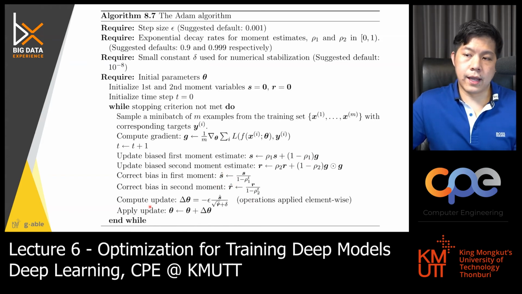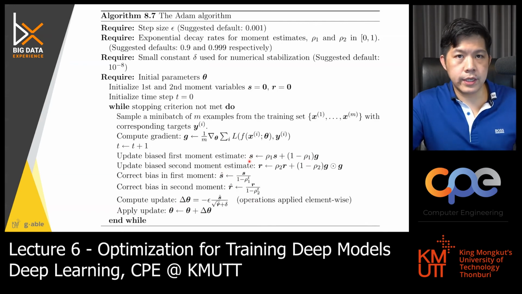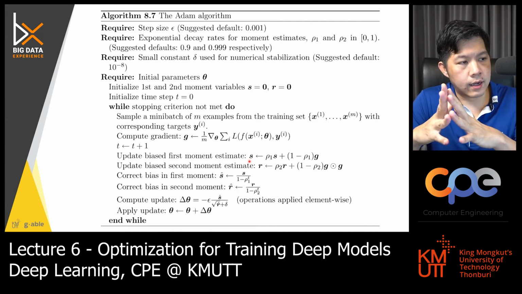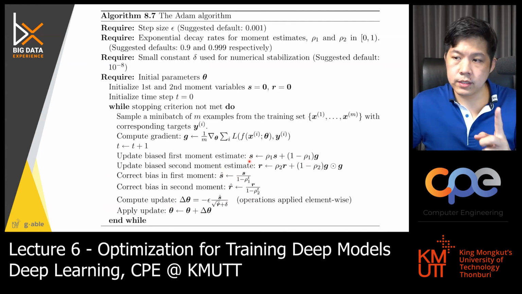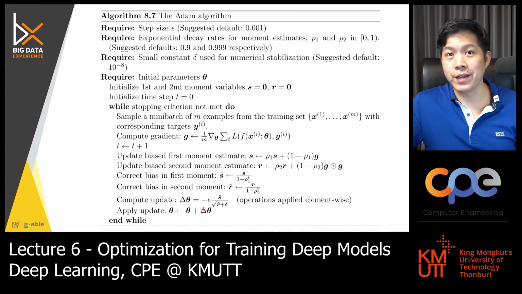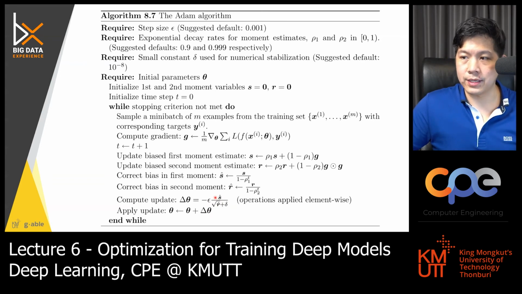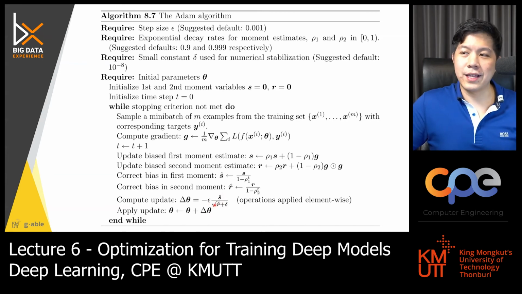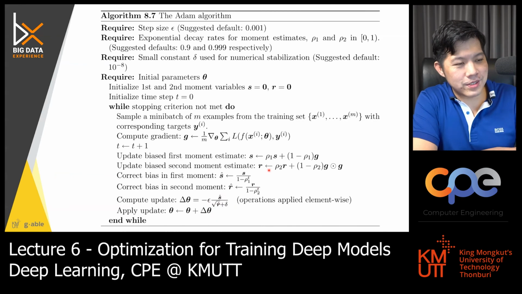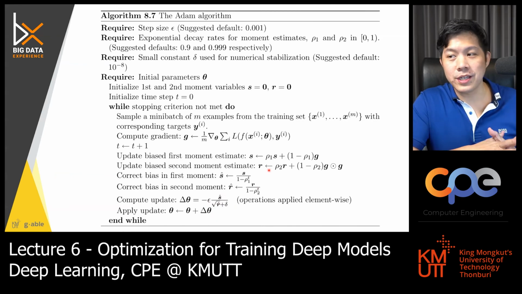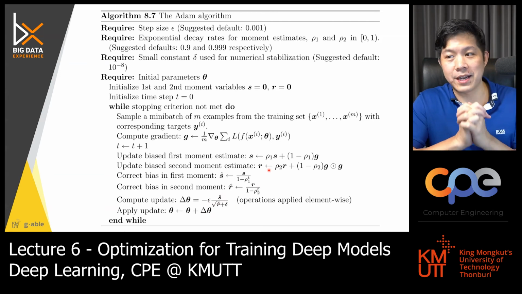Then the update comes from S, the above. This is the gradient. Think about this in comparison to the previous algorithm. The change must be the gradient, and we are playing with the learning rate. So this is the same old gradient, but it's a smooth version of the gradient, this S here. And down here, this square root of R is, instead of using the accumulation, the expected value of the second moment.